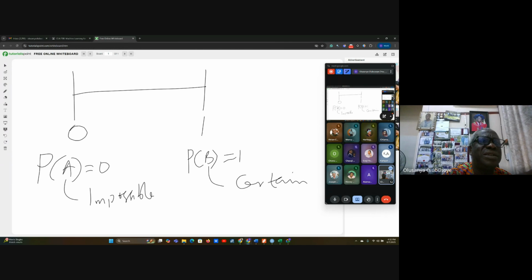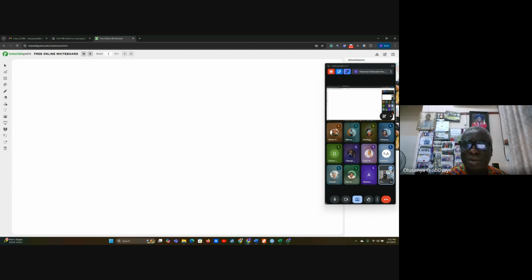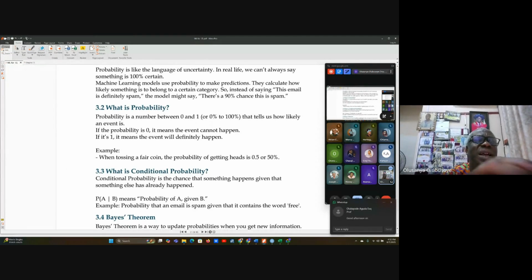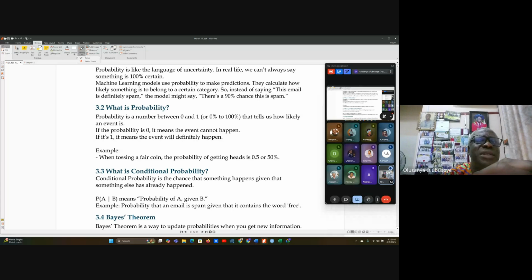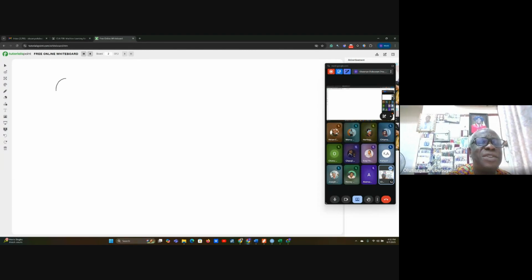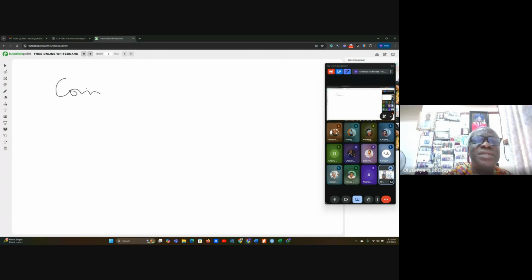And then here we talk about the experiment, for instance, of tossing a coin. It's usually a common example when we teach probability. You have a coin, and the coin has two sides, head or tail.